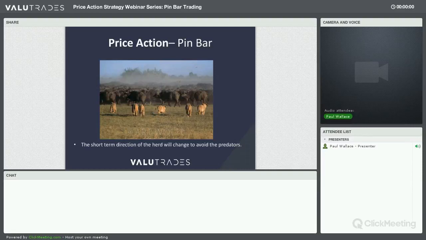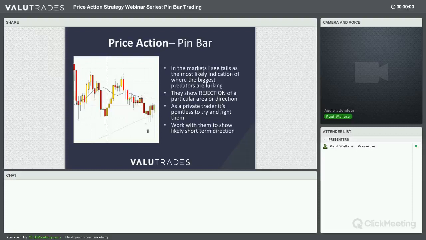And what actually happens is, for the herd on those African plains, the short-term direction of the herd will change to avoid the predators. And that's the same in markets. Markets will change direction to avoid where the predators are. And this is where the pin bar starts to come into its own.